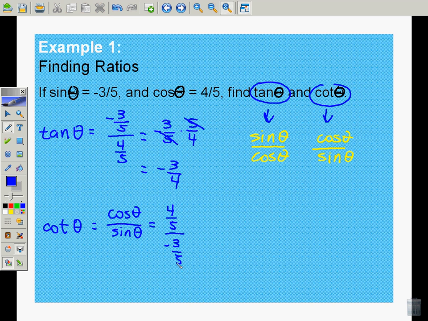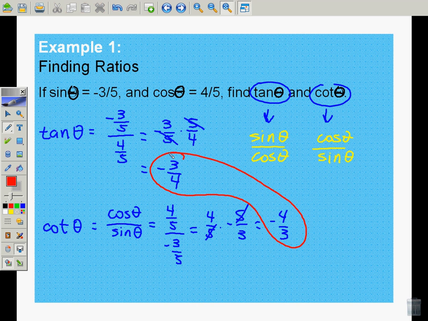And so when we reduce, we're going to have 4 over 5 times negative 5 over 3, because we're multiplying by the reciprocal. The 5's cancel. We get negative 4 over 3. Is this surprising to us? It is not. Because remember how these were the reciprocal identities? Okay? So they should be flipped over. So that makes sense. That's a way that we can check our work.